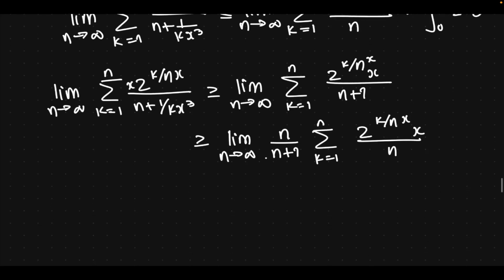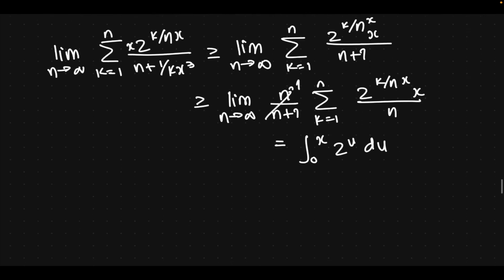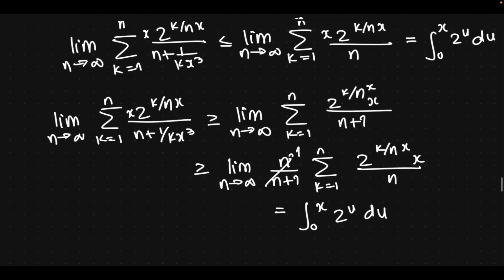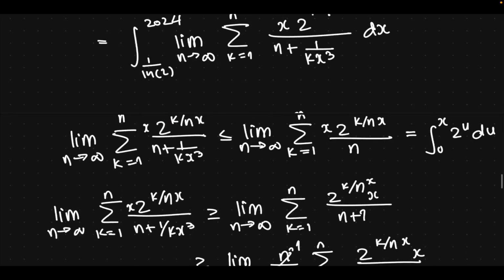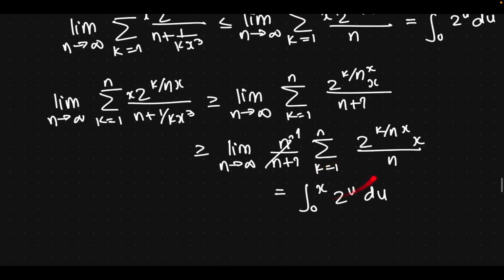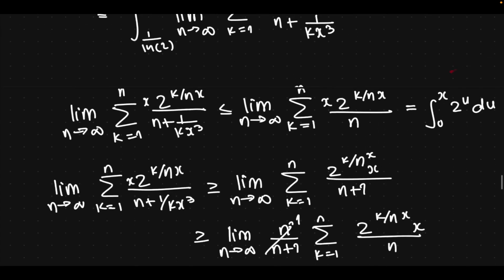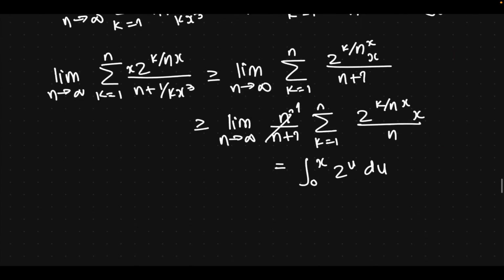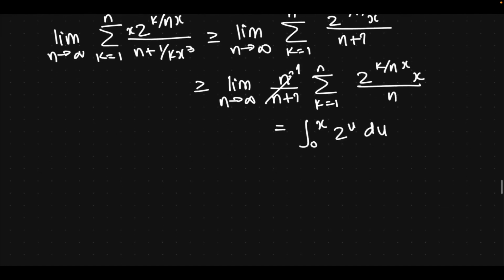Now in the limit, this term goes to 1. And this is again the Riemann sum, integral 0 to x, 2 to the u du. So the upper bound and the lower bound of this sum in question is bounded by this same Riemann sum. So therefore, by the squeeze theorem, it has to equal the Riemann sum.